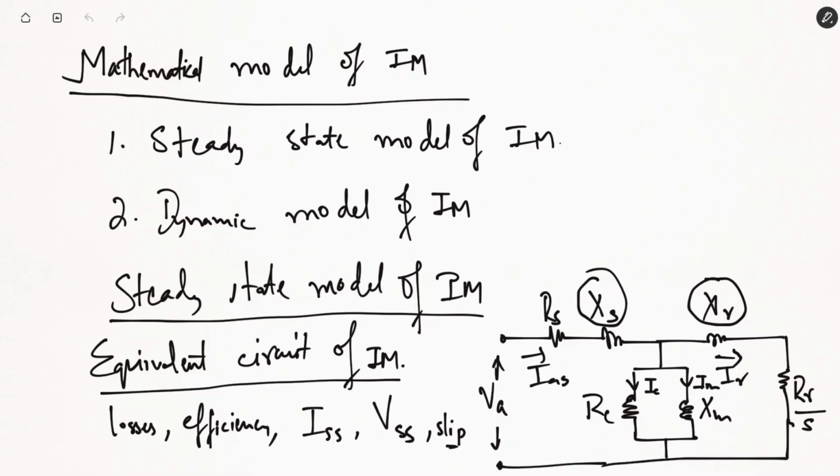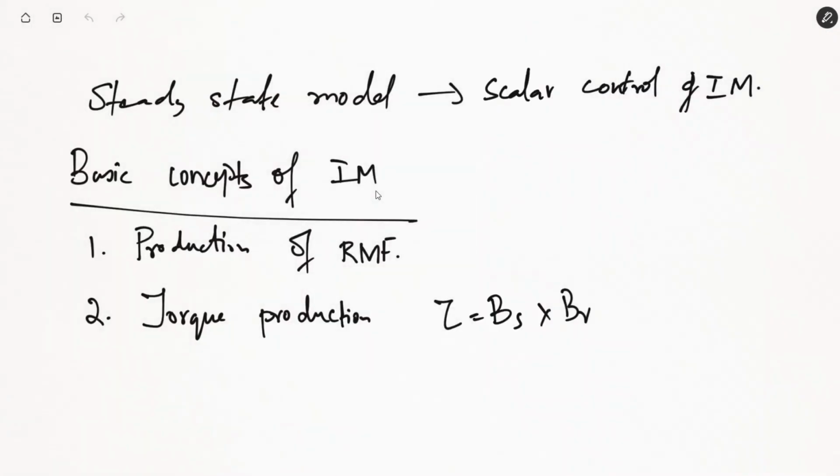So this model will be used for steady state analysis and accordingly for scalar control of induction motor. As for understanding the vector control of induction motor, we will have to derive the dynamic model of induction motor. That we'll be doing in the next session.